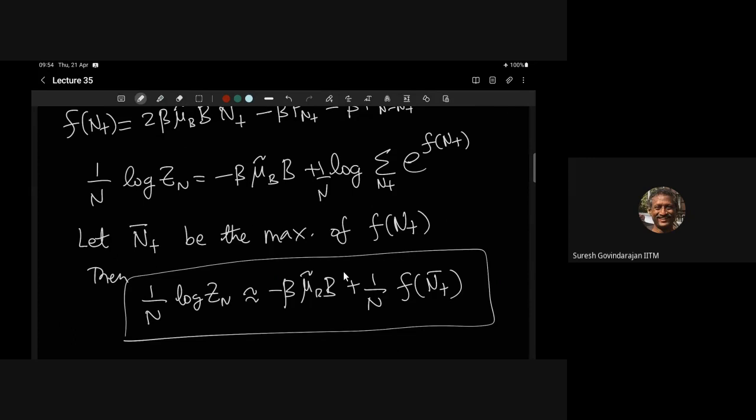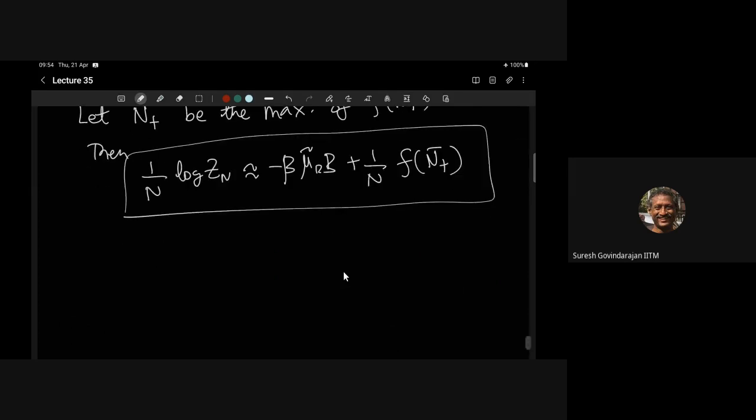This method is called the saddle point method. We are just doing that. But there's a nice point: what is n plus bar? It is the most probable value of n plus. So really you're determining the magnetization, since n plus bar is the most probable value of n plus.